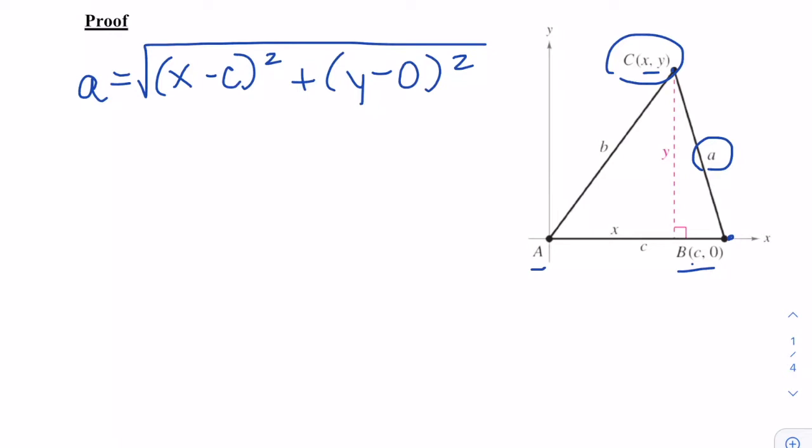So if I was going to find X, I would use cosine of A. It's right here.